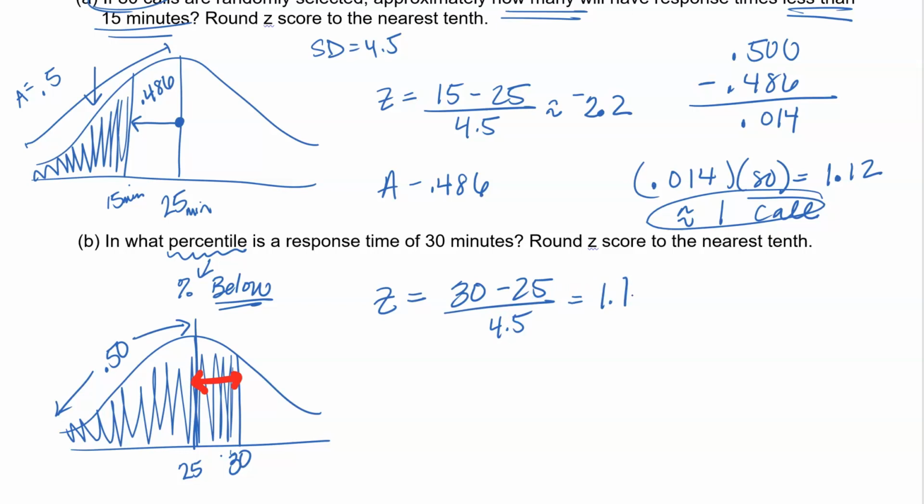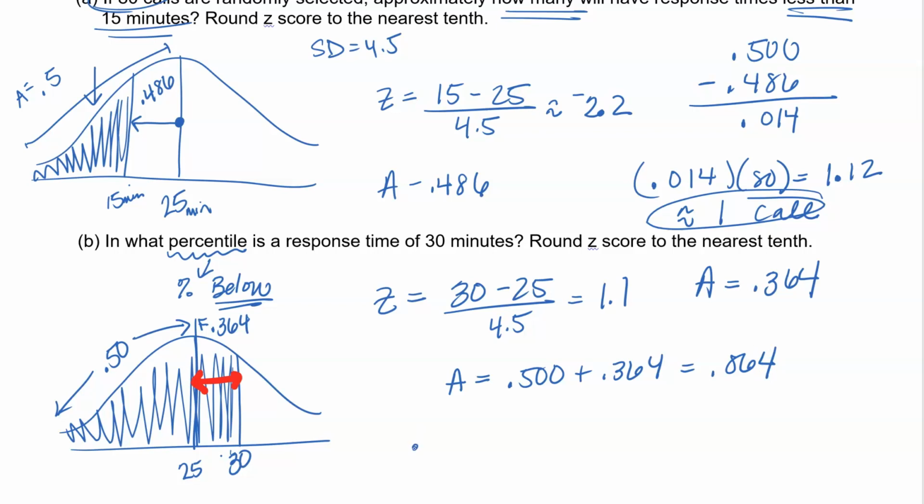If I look 1.1 up on the table, I get an area of 0.364. So this area is 0.364. If I want all of that, I'm going to add the 0.50 and the 0.364 together. So the total area is 0.500 plus 0.364 equals 0.864.